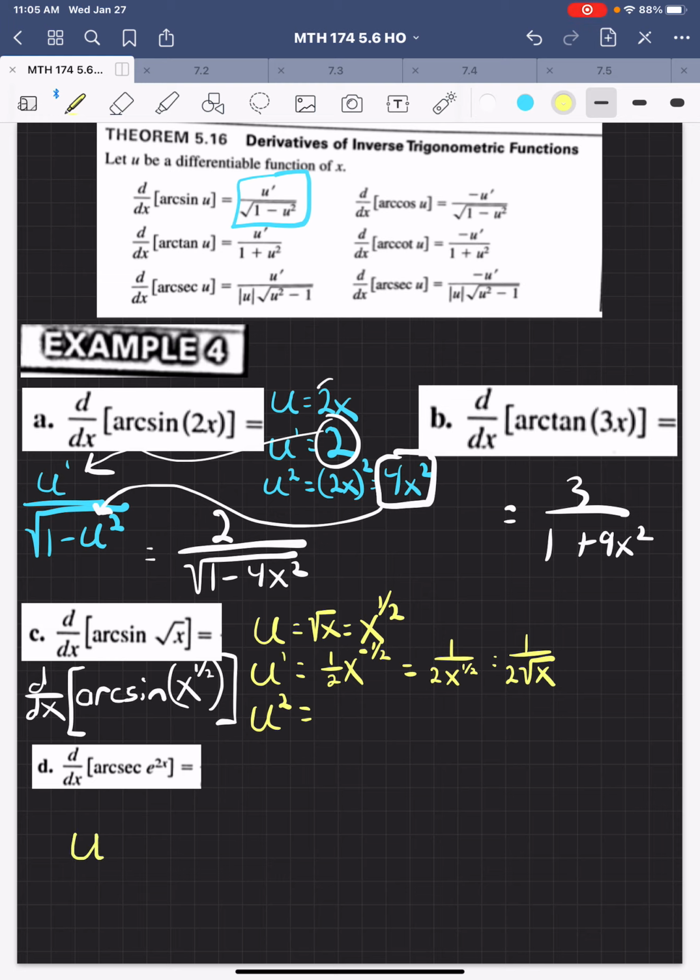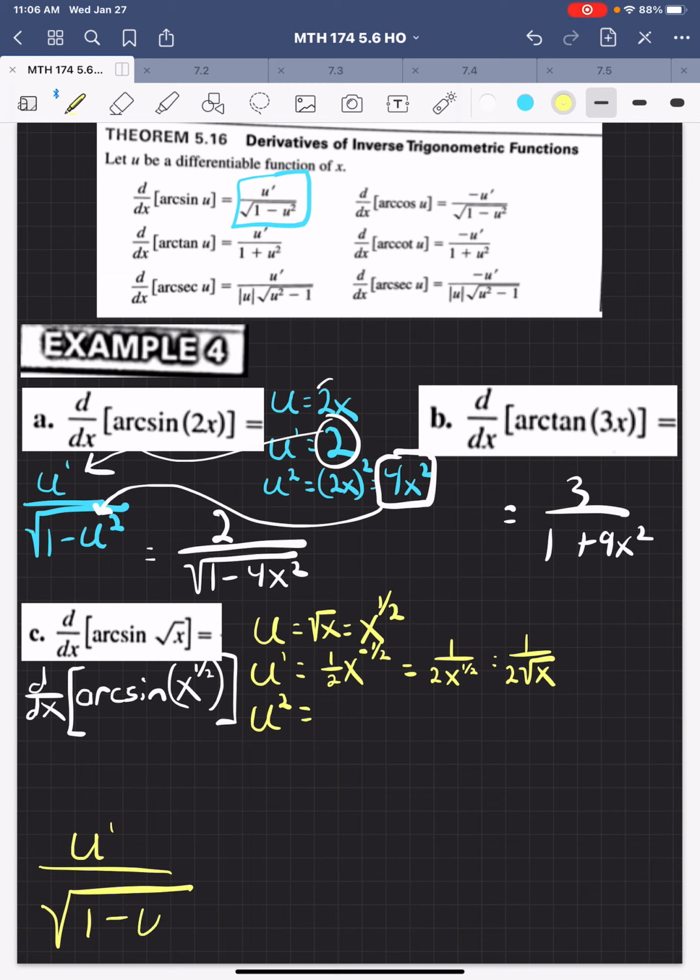So u prime over the square root of 1 minus u squared. All right, so let's go ahead and take u squared. Well, that's fairly easy, right? If you take the square root of x and then square it, all you have is x.